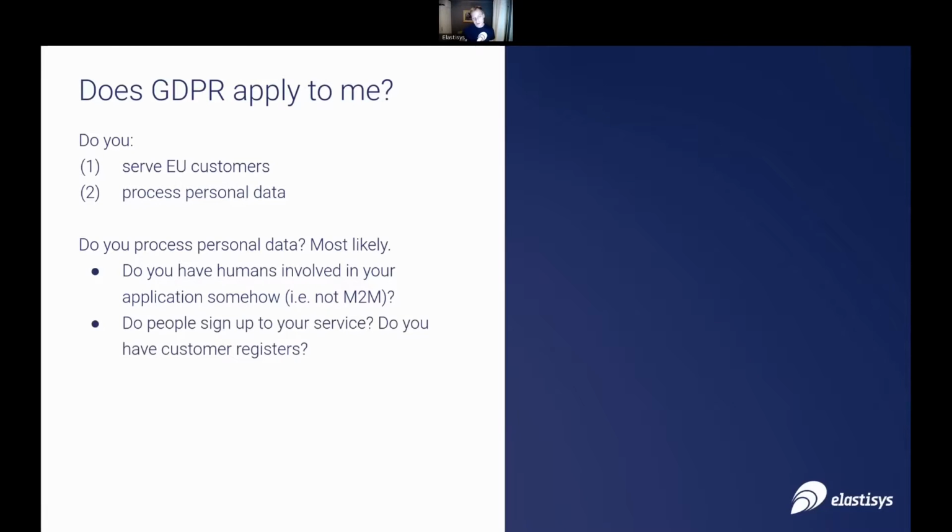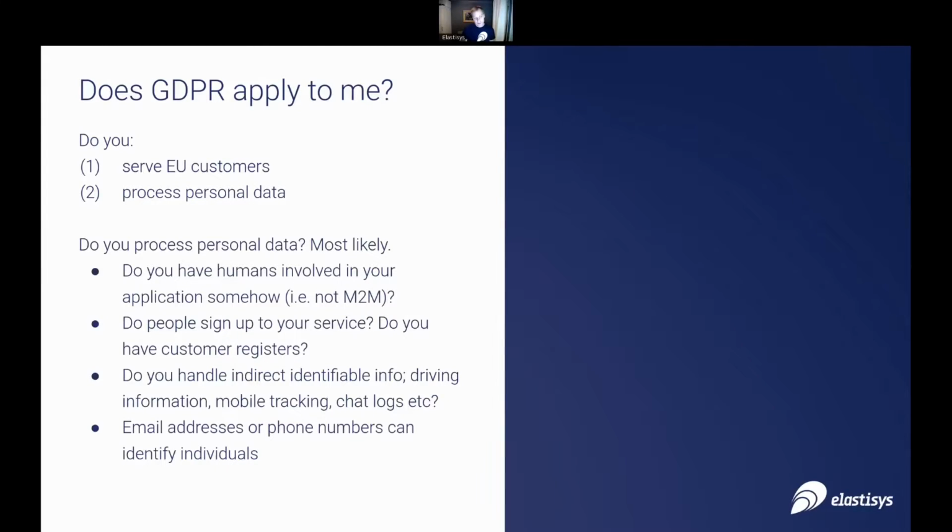If you have some kind of sign up to your service, if you're a SaaS company, for example, if you have any kind of customer register, you're handling personal data. If you handle any kind of indirectly identifiable information, like track people's location or store chat logs in Elasticsearch, or pretty much anything that can be used to backtrack and identify people, then you're also considered to be handling personal data.